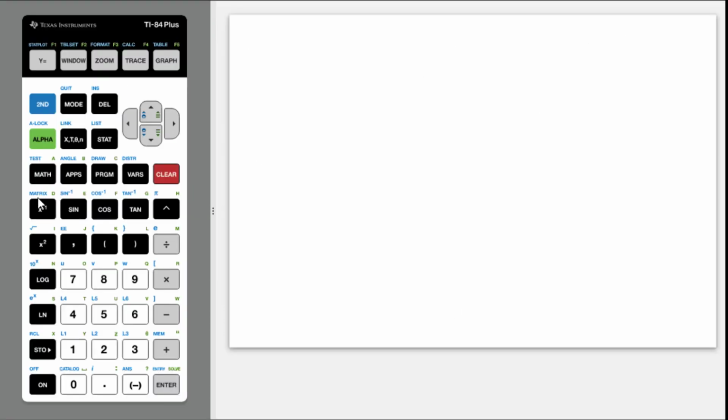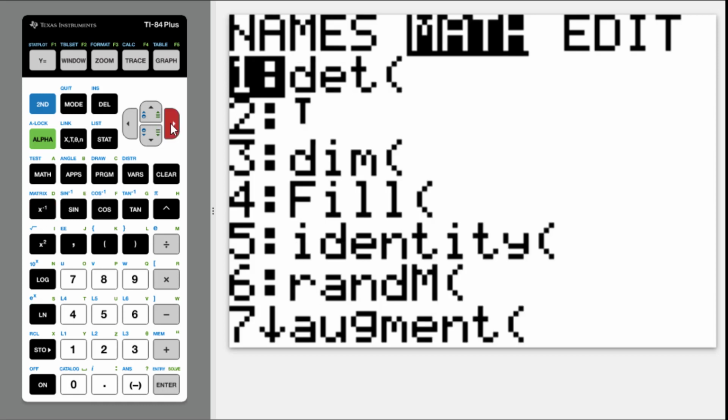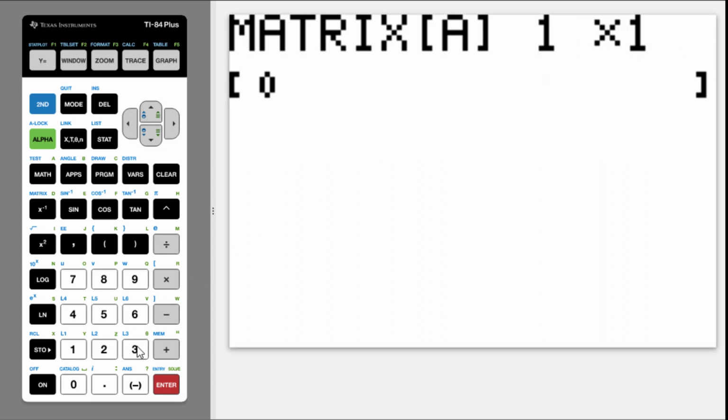The matrix is second x to the negative first power. Go to edit. This is rows by columns. 3 by 4.